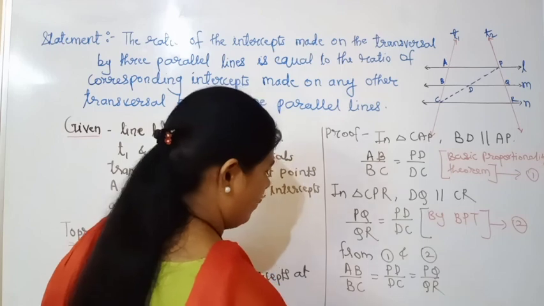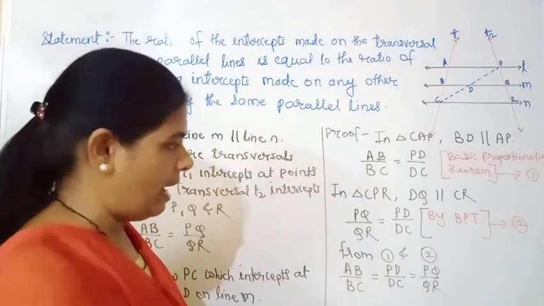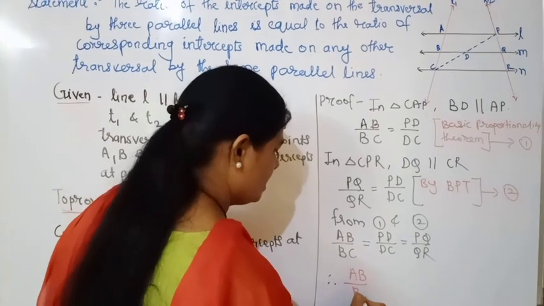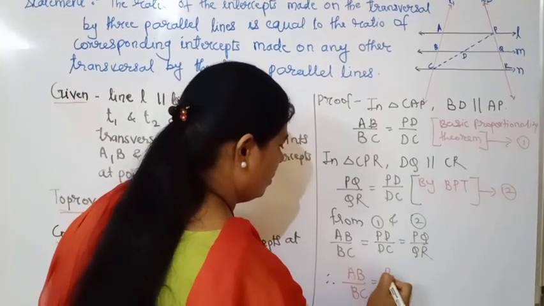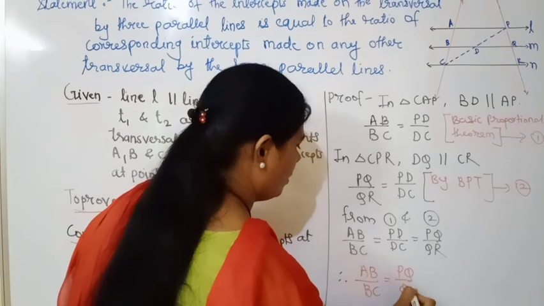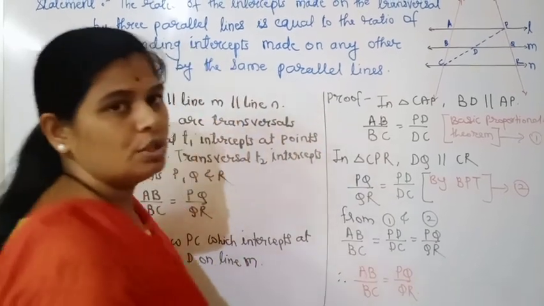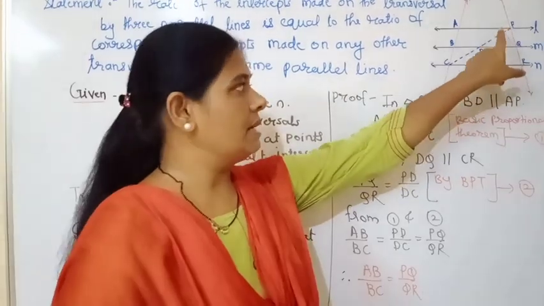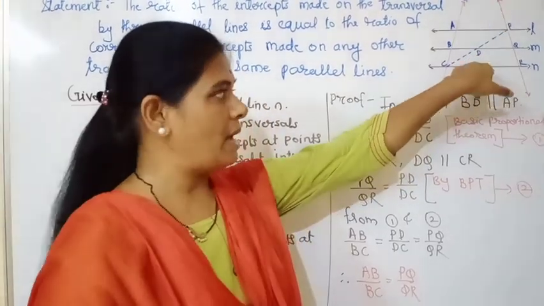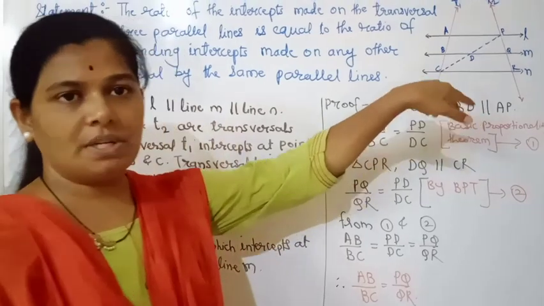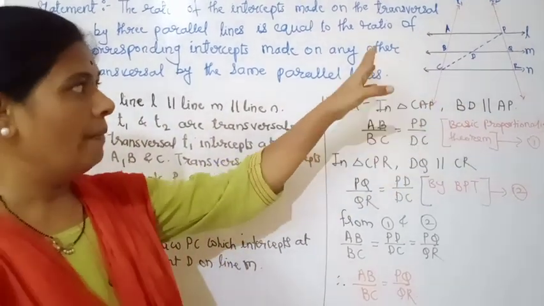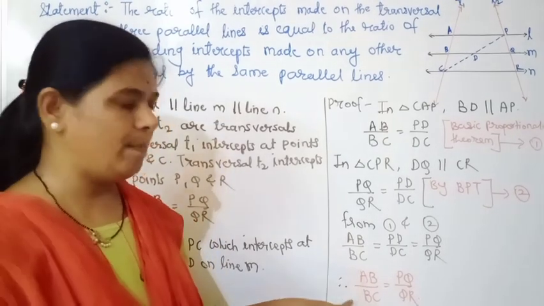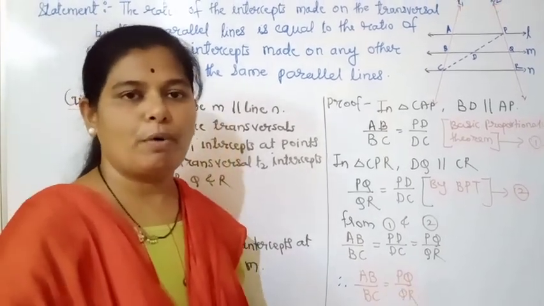Therefore, at the end we can write that AB upon BC is equal to PQ upon QR. In this way we have shown that due to the three parallel lines, that is L is parallel to M, M is parallel to N, and the two transversals T1 and T2, they intersect the parallel lines in the same ratio, that is AB upon BC equal to PQ upon QR.